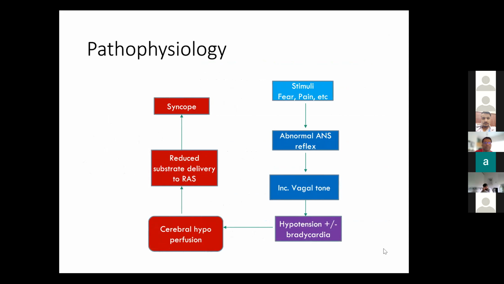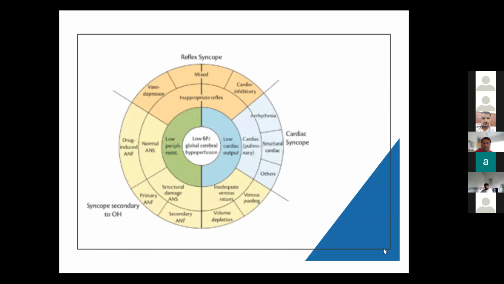What is the pathophysiology behind it? If you see this slide clearly, the common pathway is global cerebral hypoperfusion. What leads to this final pathway? It can be cardiac reasons, reflex neurally mediated syncope, or syncope secondary to orthostatic hypotension.